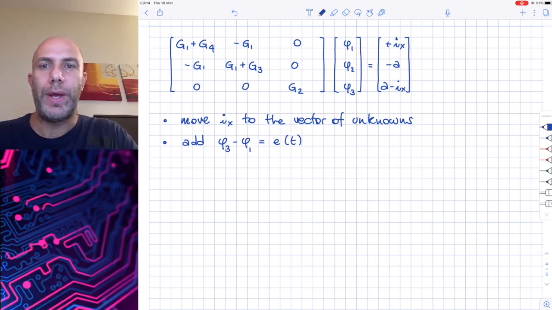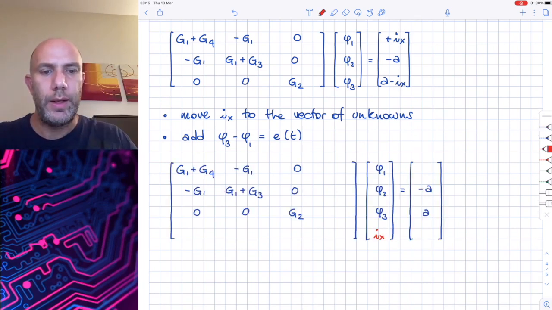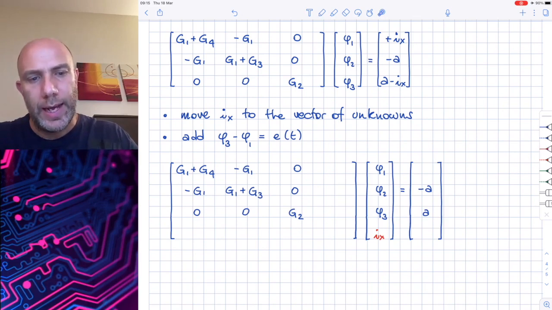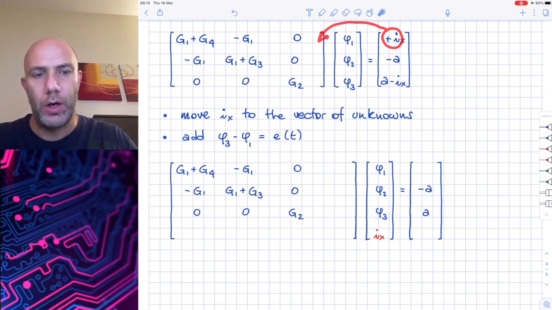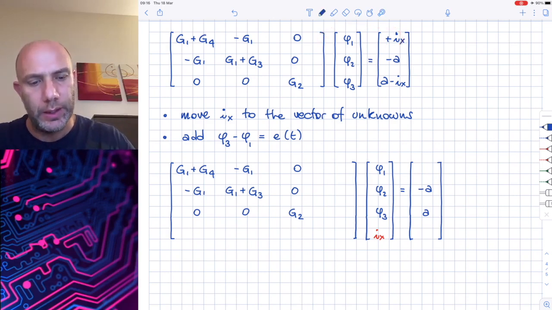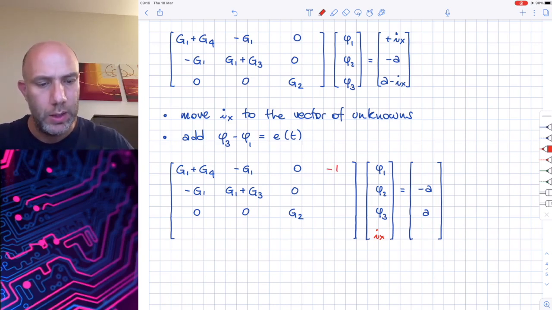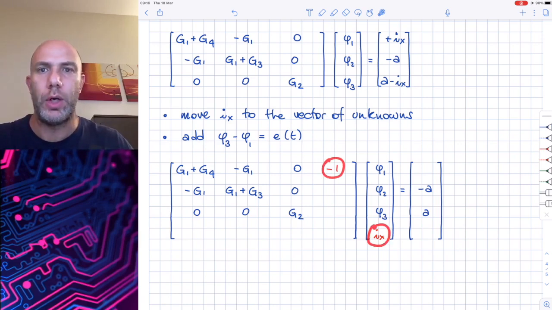So, in the end, we add one unknown, but we also add one equation, and so the system is still solvable. If I move the current Ix on the left-hand side as an unknown, we have to change the sign for this contribution in the first equation, and so we have here minus 1, and this minus 1 multiplies Ix in order to give exactly the same value of the equation expressed in the previous system.